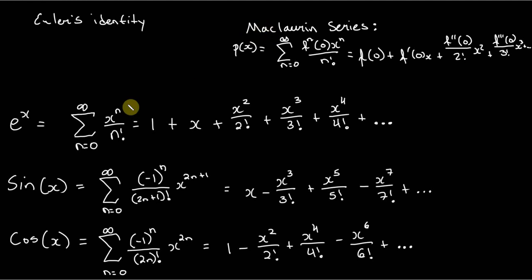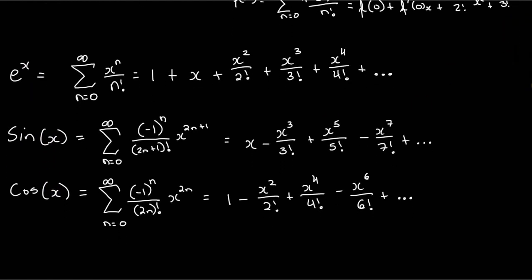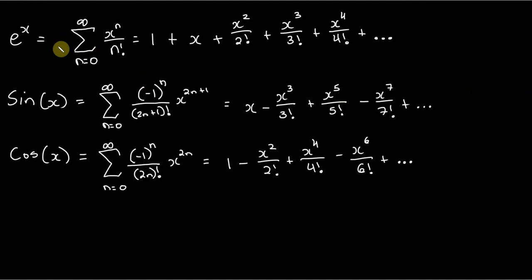Alright, so that's where this expansion comes from. This is a Maclaurin series expansion for e to the power of x, sine of x, and cos of x. And this is the first step in the proof of Euler's identity, or at least of the proof that we're going to consider in this video.